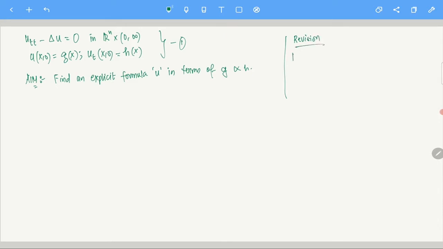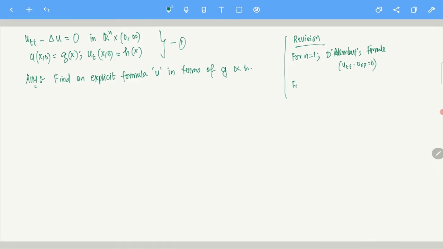For n equals 1, we derived D'Alembert's formula. For n equals 1, the equation is u_tt minus u_xx equals 0, and D'Alembert's formula gives you an explicit formula for u in terms of g and h.